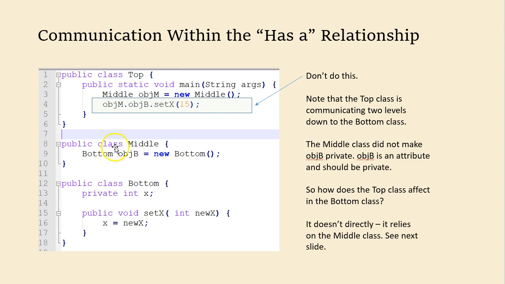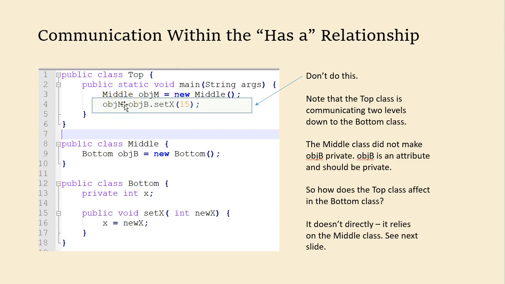And one way we could access things from the top, if the Top class needs that Bottom to have some kind of a value set, you could do this: objectM.objectB.setX(15). So what's happening?